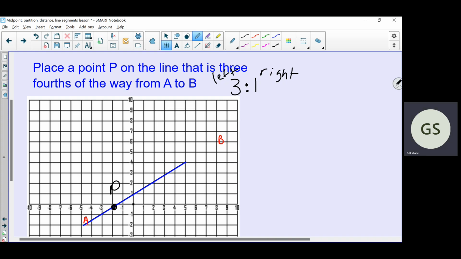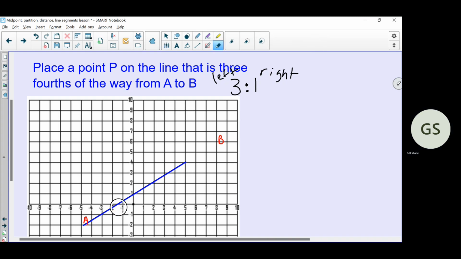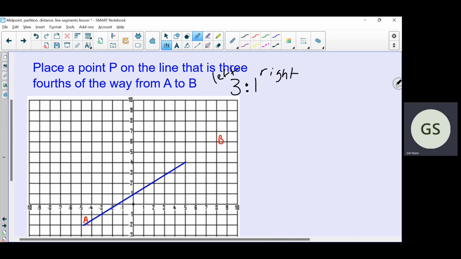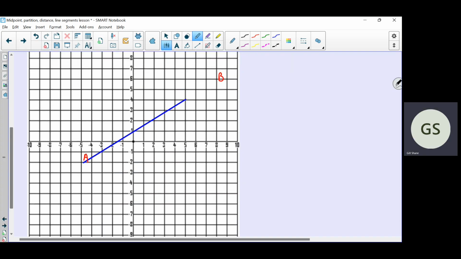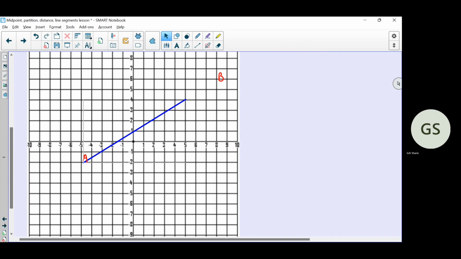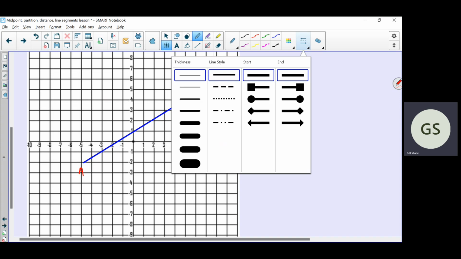All right, so now let's actually figure out where it would go, because that is not right, like we just said. So I have the endpoints. Anytime I have the endpoints, I'm going to go ahead and write what the ordered pair is. Let me make it so we can see it.